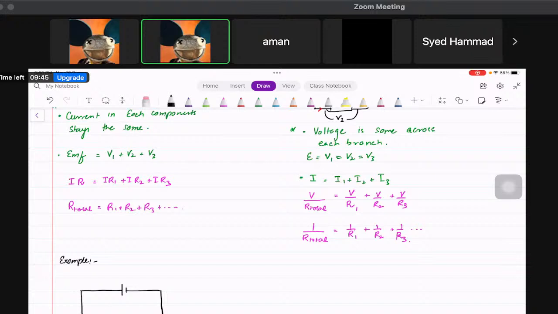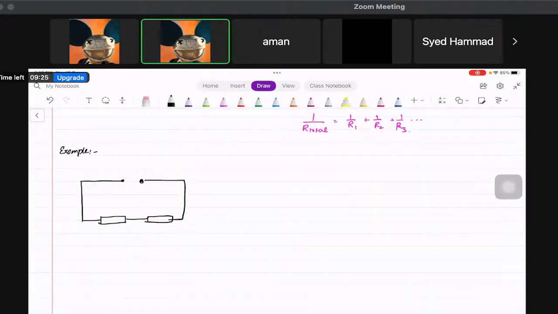Okay, I need to make it bigger, sorry. Suppose a complex circuit like this is given, right?